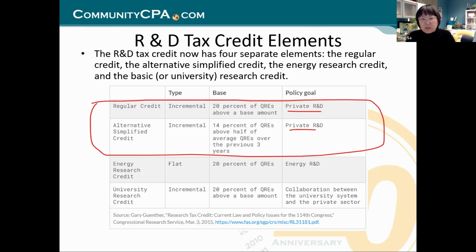They are just for private research activities, not university research, which is at the very bottom of this column, and not the energy research credit. We're not really a big player in the energy field. I don't have energy companies as my clients.